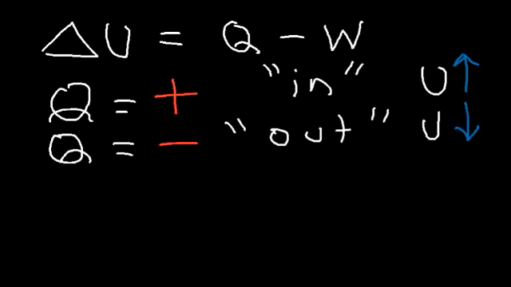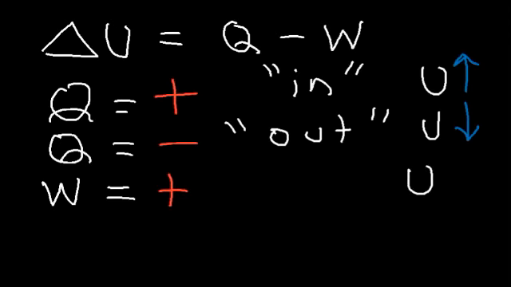The next thing you need to know is the signs for work. When work is done by the system, W is positive. Now let's think about that. Imagine if you're doing work, if you're running, if you're exercising, you're burning energy. As you do work, your internal energy will go down.